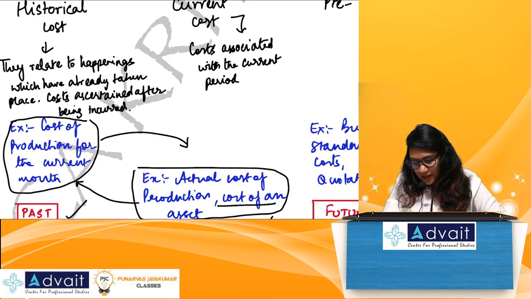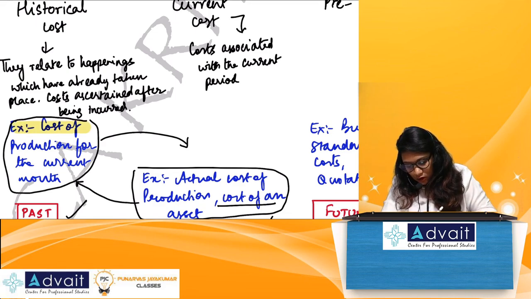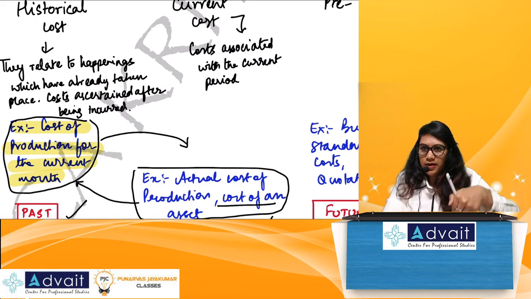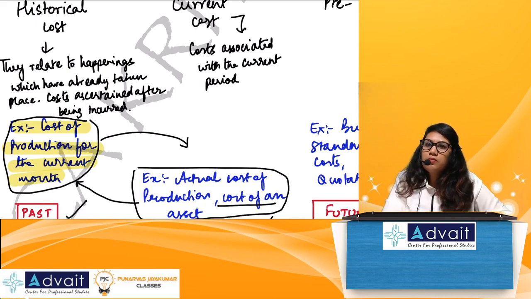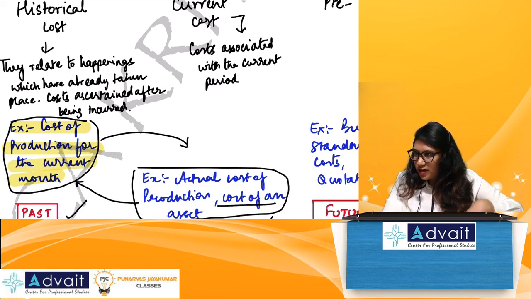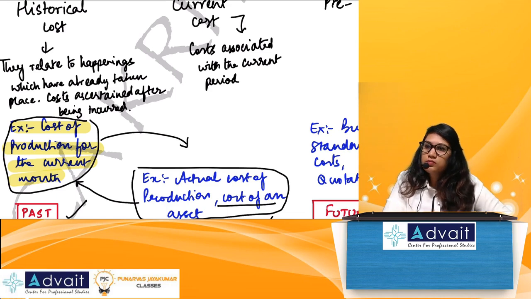So the example is cost of production for the current month, right now. Whatever I have produced right now, I want the cost. It's the actual cost, but for the current period. So current cost. Guys, okay?